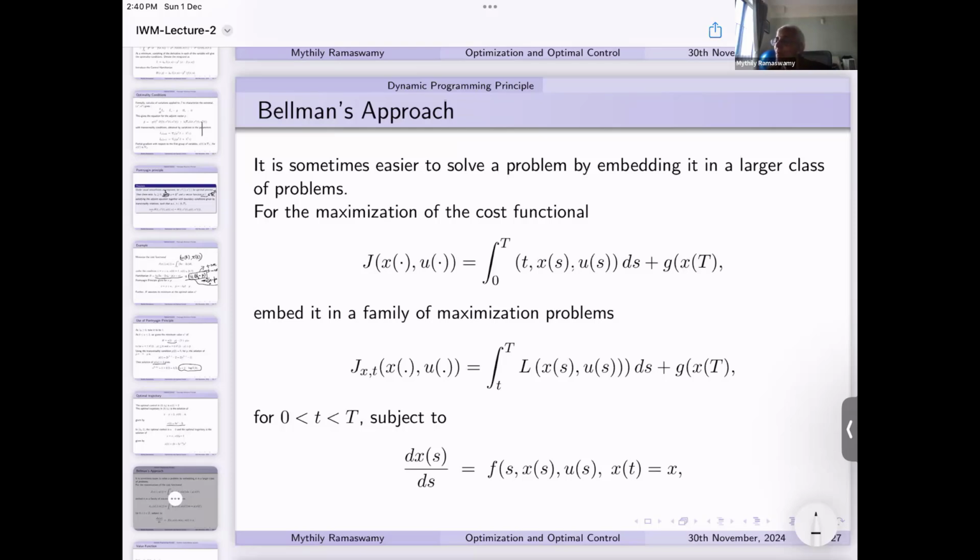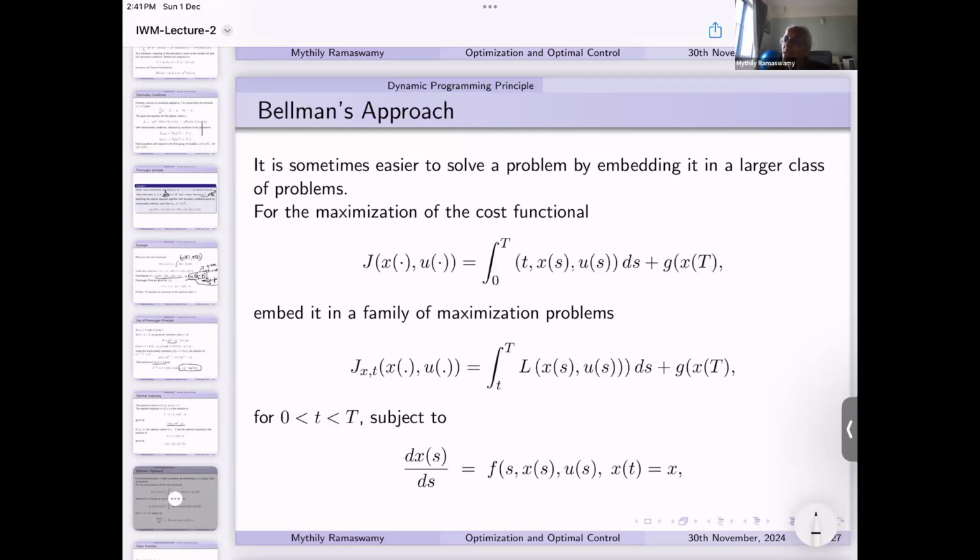So we embed it in a maximization. Here I am following Ivan's lecture notes. He always prefers maximization, so you have to recall it is going to be a maximization problem. And J of x, t, x dot, u dot: instead of 0, you vary the lower end point, for any time t, and x also is any point as the starting point.